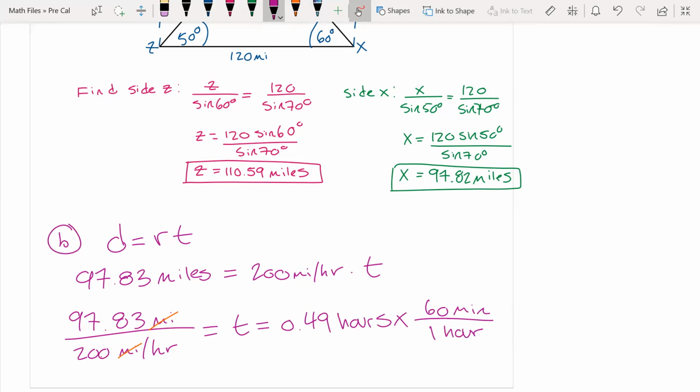You can just take 0.49 and multiply it by 60. And how many minutes will our helicopter be there? 29.35, or 29.4 minutes. There you go.